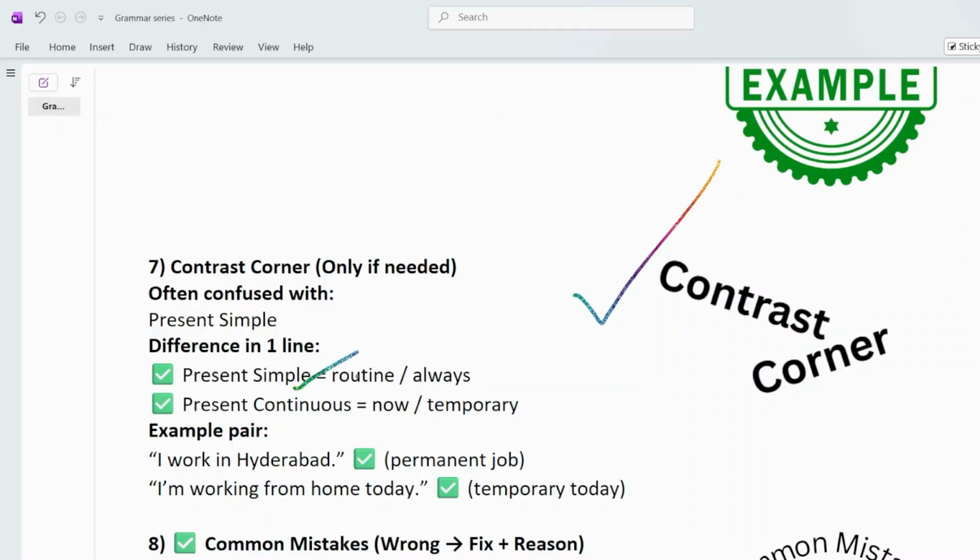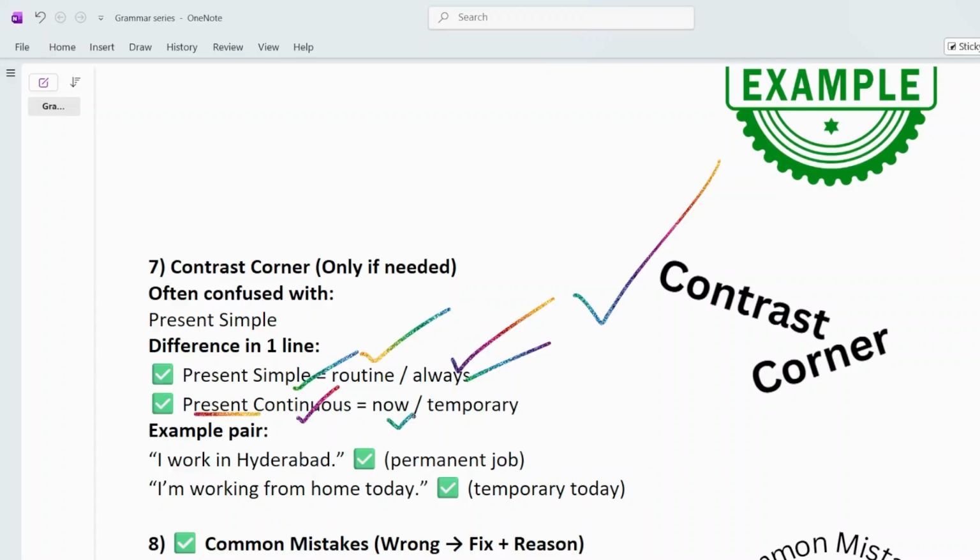Okay, I spoke about it yesterday in the day one lesson, and now the second one is present continuous, the one that we are talking about. Always remember, simple present deals with your routine, and the situation is always permanent. But present continuous deals with something that's happening now. Happening, ing is our friend.